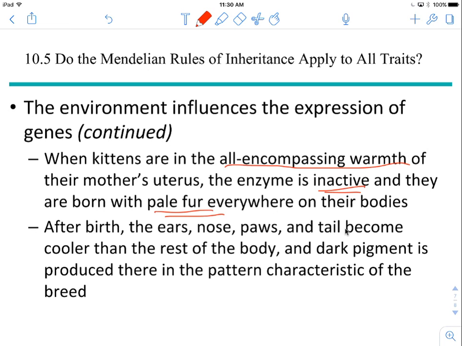After they're born, the ears, nose, paws, and tail become cooler than the rest of the body because there's not as much blood circulating there. The extremities always become cooler, and that allows the enzyme to become active, and you get the dark pigment. That's the characteristic of the Siamese cat breed. And here are some Siamese cats.